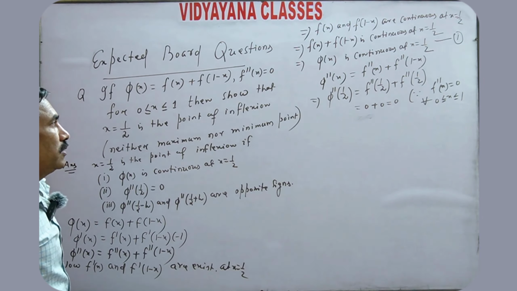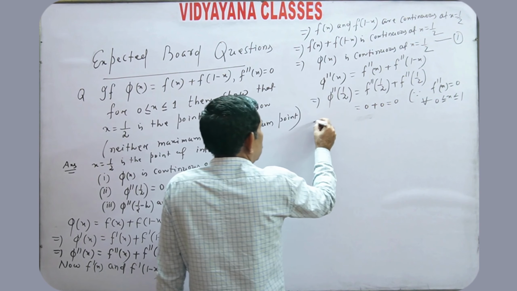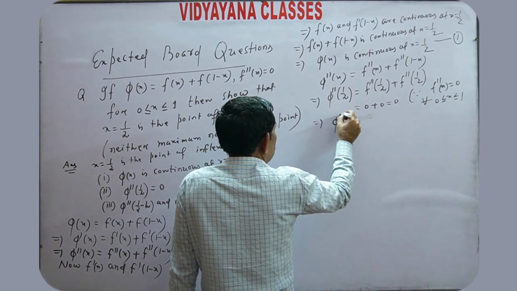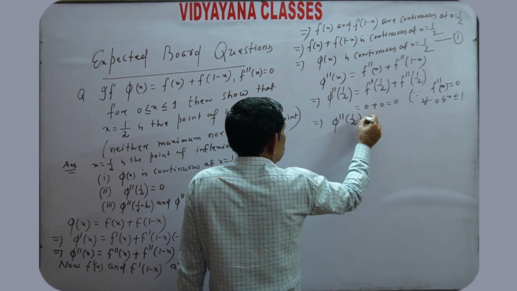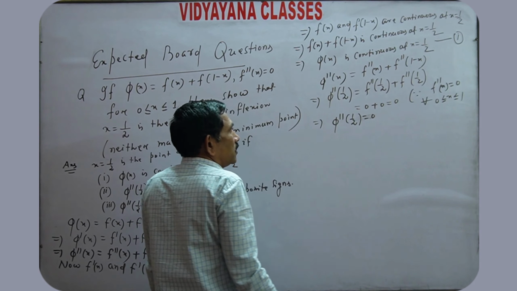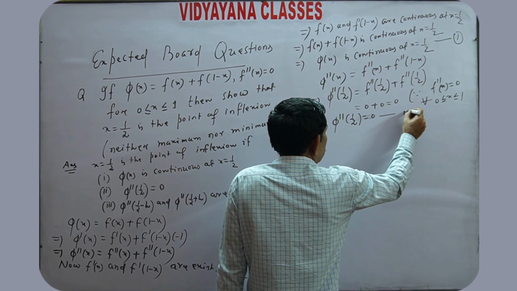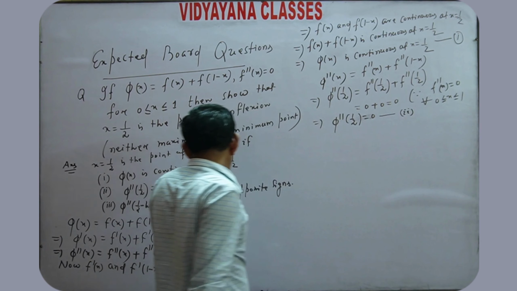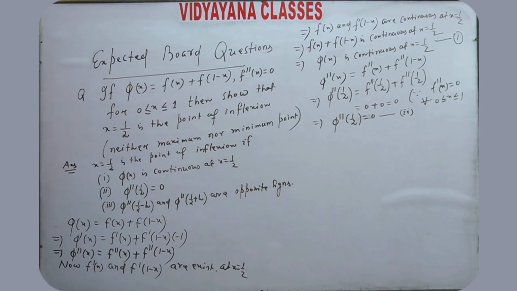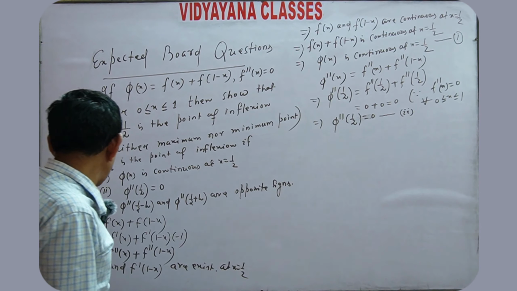Clear? This implies phi double dash half is equal to 0, the second condition is proved. Clear?